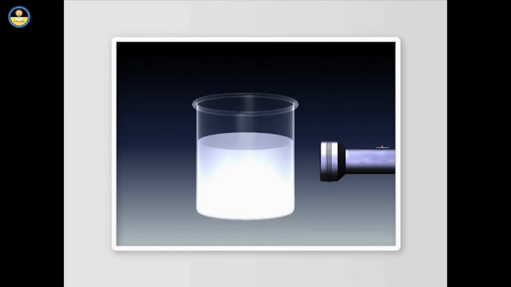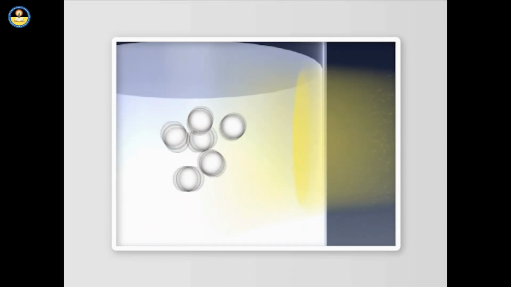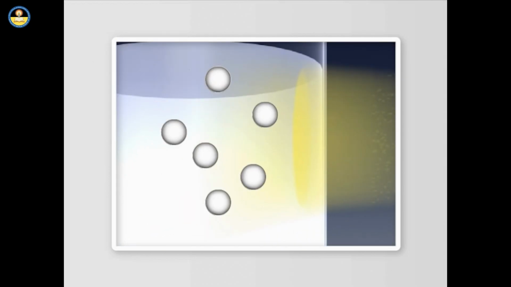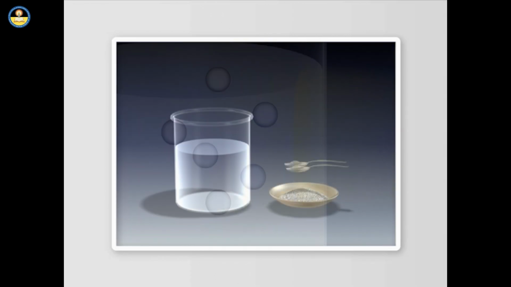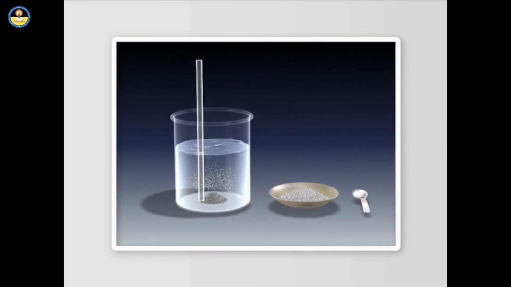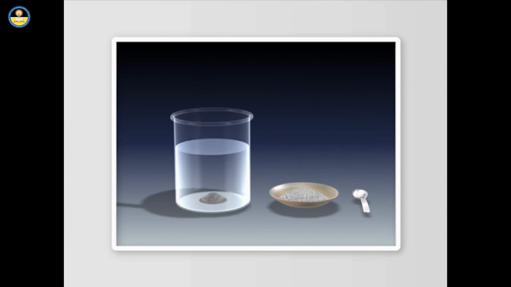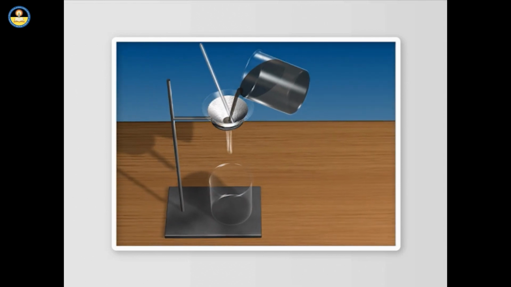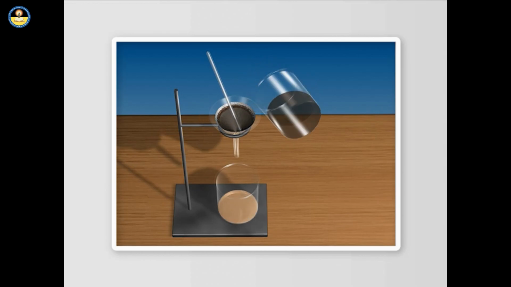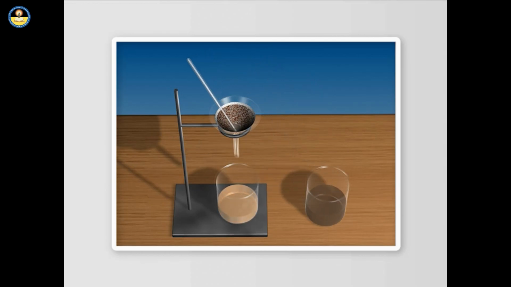They are visible under a microscope and can often be seen with the naked eye. Particles in a suspension will settle down if the suspension is allowed to remain undisturbed. Many particles of a suspension can be separated through filtration.